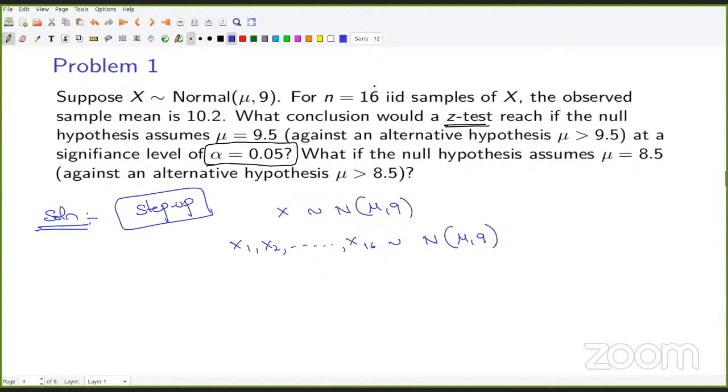Correct? This is the second line of it. And it is also given that the sample mean is 10.2. We gave you the sample mean, which is X1 to X16 divided by 16.